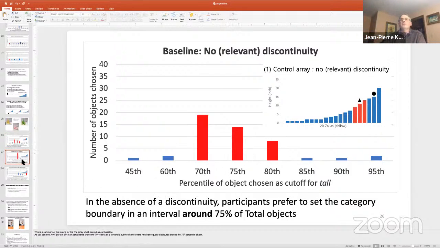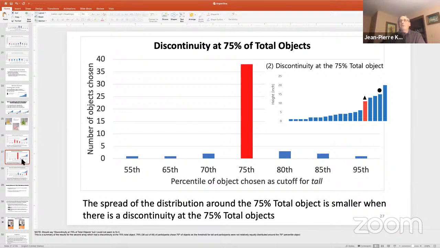When there is a discontinuity at the 75th percentile, it's the same, except that in a sense, the choice is even more skewed toward the 75th percentile if you compare those two distributions.